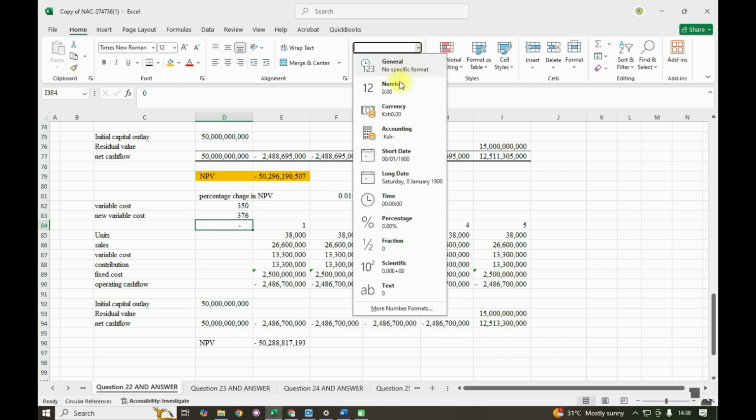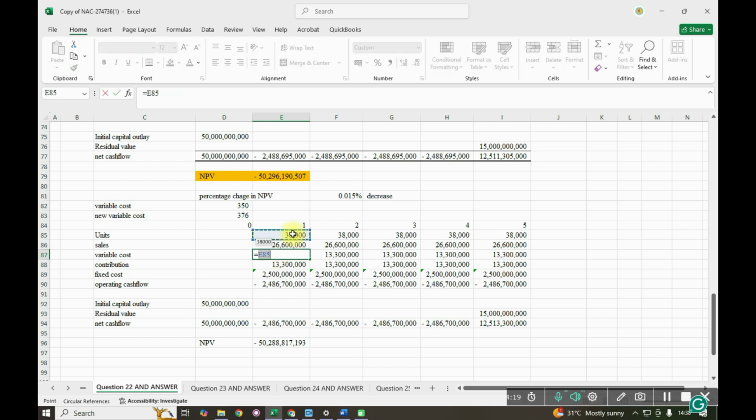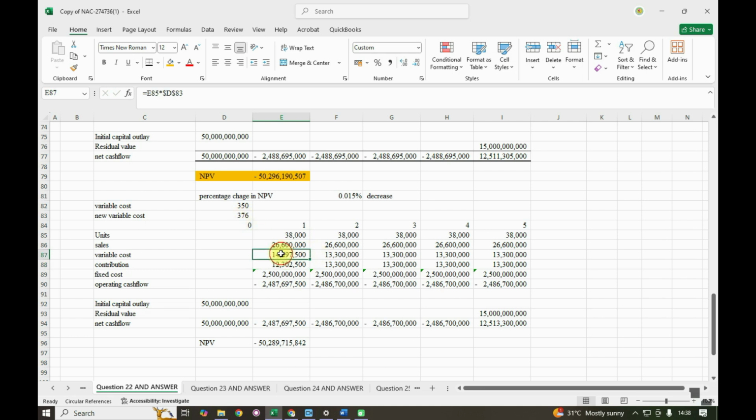So this one is supposed to be just a number that way, and here now the variable will change, so it will be the others, remember, they remain constant. We multiply by this that way, and we autofill that, yeah, that way.